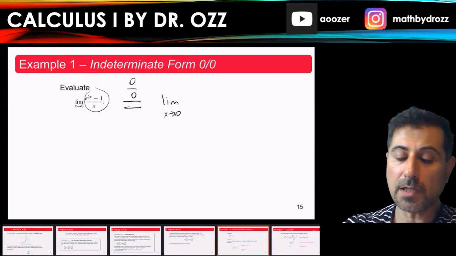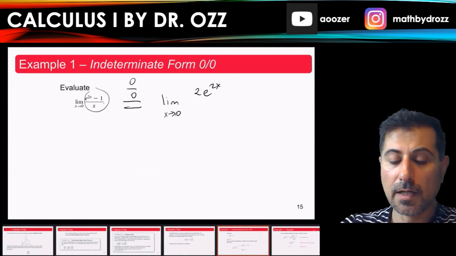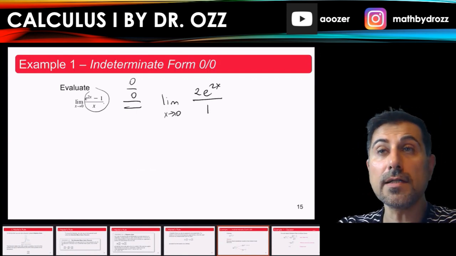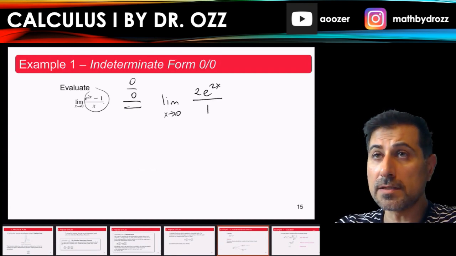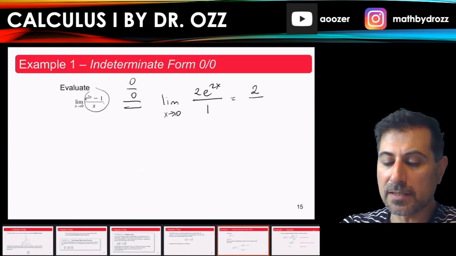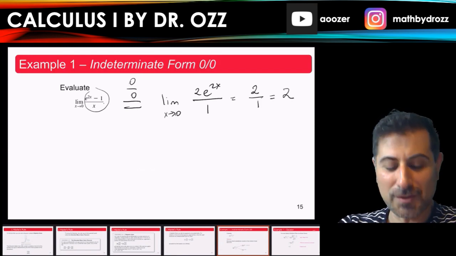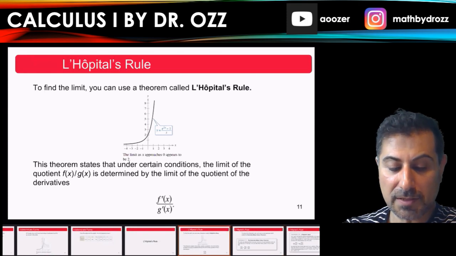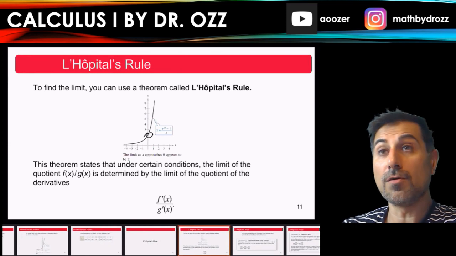Just take the derivative of the top, which is 2 times e to the 2x. The chain rule applies. And the derivative of the bottom is simply 1. Now I pass the limit again. Let's see what it is going to spit out. If you pass the limit, this is going to be 2 divided by 1, which is exactly equal to 2. So it's awesome that we bypassed the graphing business here, where the limit values approach 2 on the left and on the right.